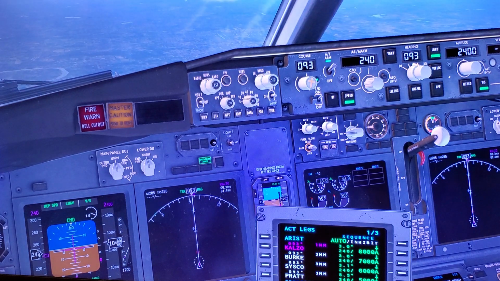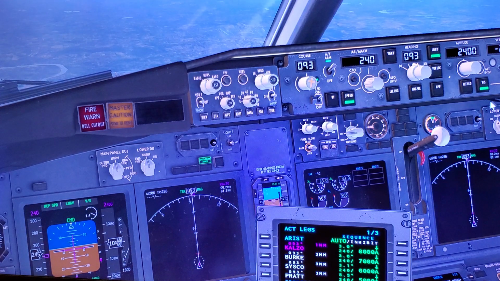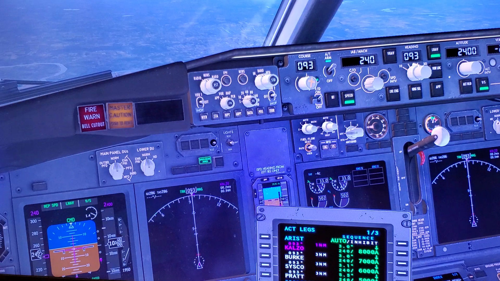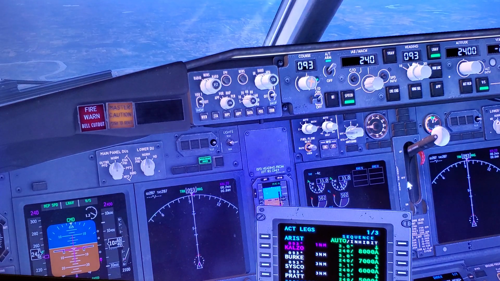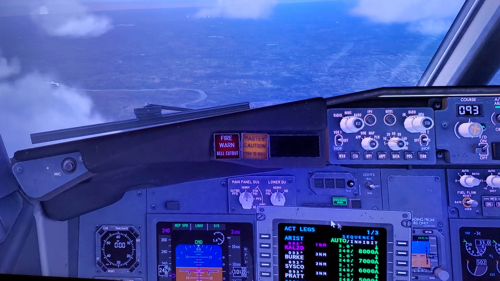So basically I am higher than glide slope. See here. So, and that's a runway.